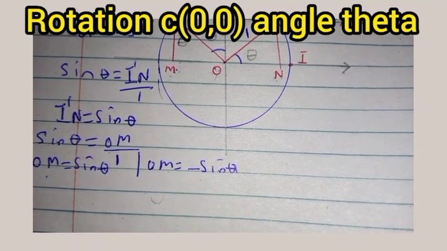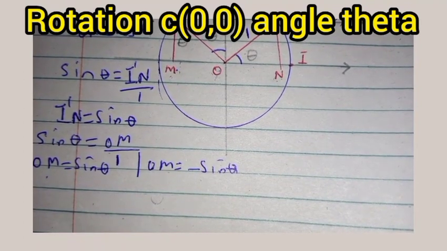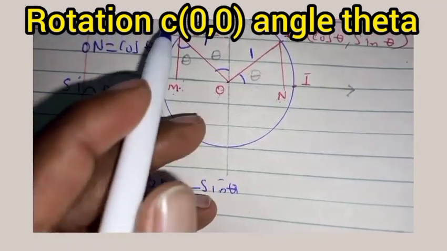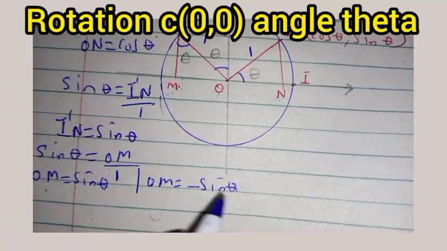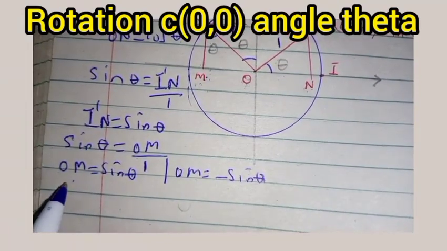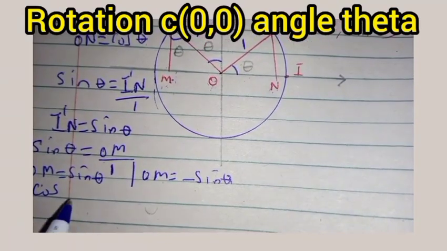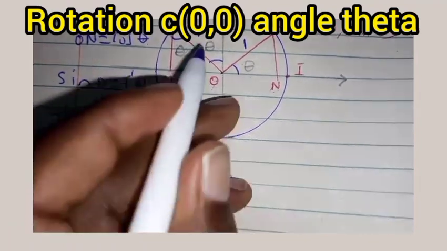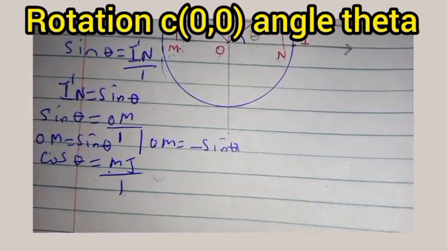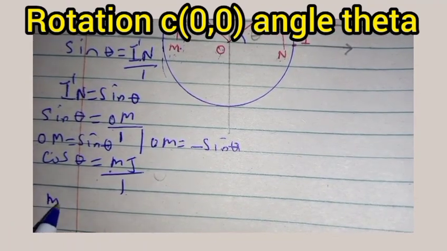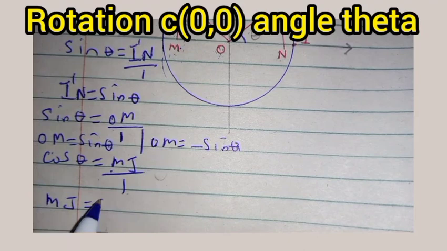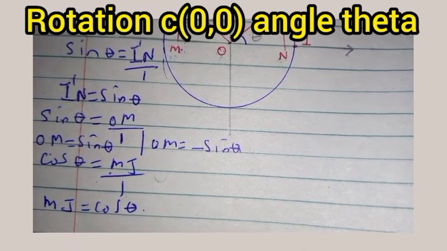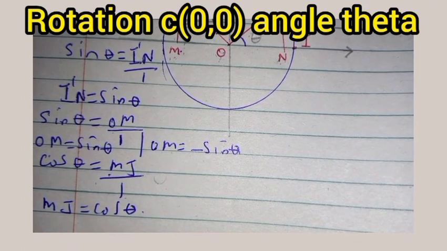So negative sine of theta. Then the y coordinate of j is MJ up here. Cos theta will be given by MJ divided by hypotenuse, which is equal to 1. Meaning that our MJ, multiplying by 1 on both sides, is equal to cos of theta.